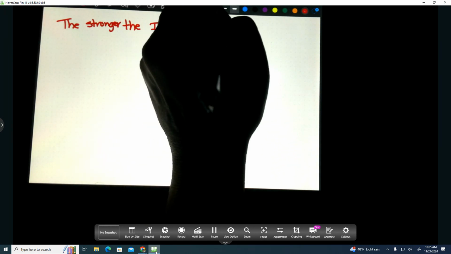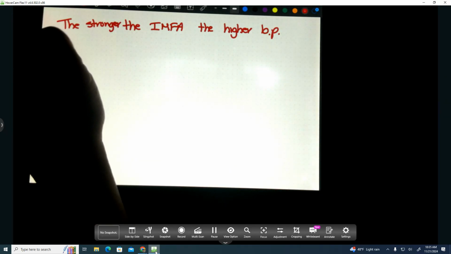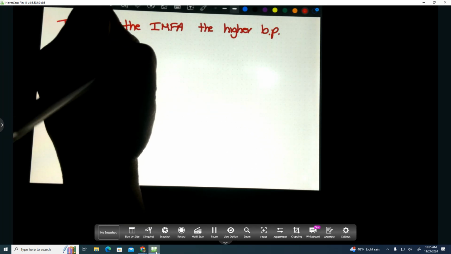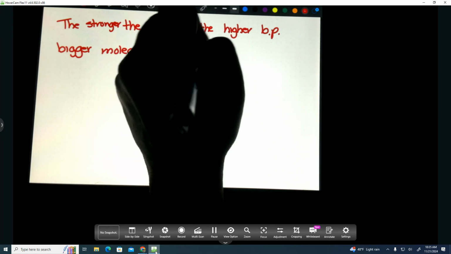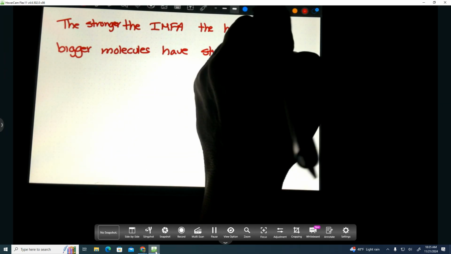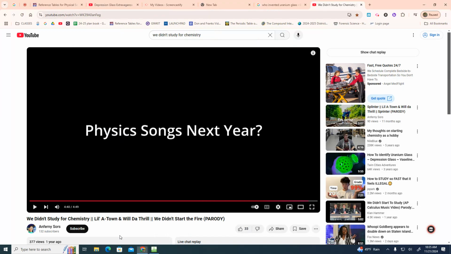The stronger the intermolecular force of attraction, the higher the boiling point. Bigger molecules have stronger intermolecular forces of attraction. And we'll pick up on that tomorrow. Okay? Remember, intermolecular forces are nothing more than hugs.